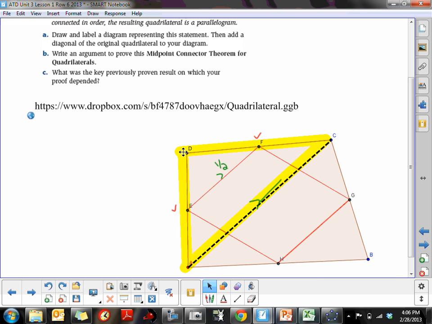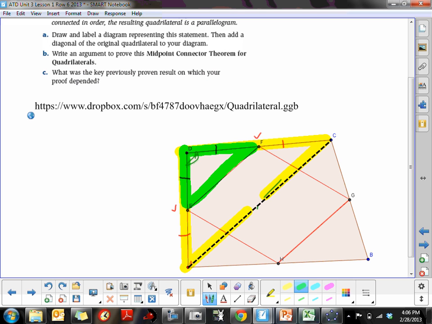Okay, so how did we do that? Well, it doesn't take very long to do, so I'm going to do a quick rundown of why that happens to be true. First of all, we know that this segment is the same length as that segment because it's the midpoint, and this segment's the same as that segment because it's the midpoint. And we also know that this angle is in common for, and I'm going to highlight another triangle, this triangle here.